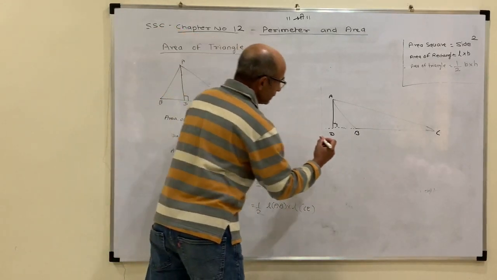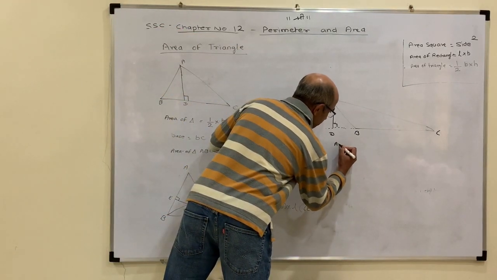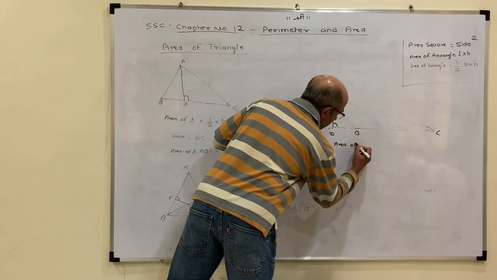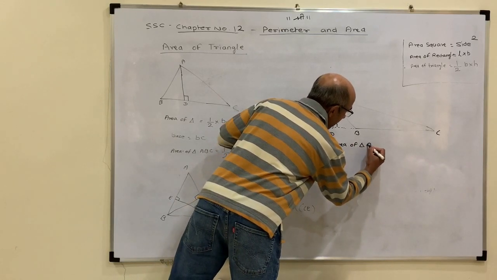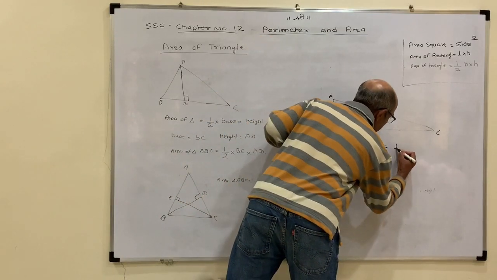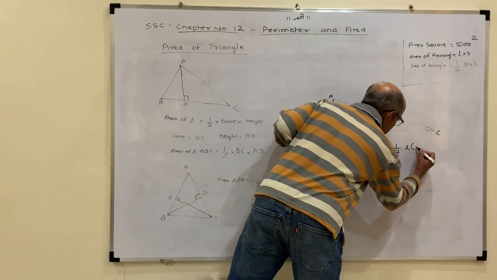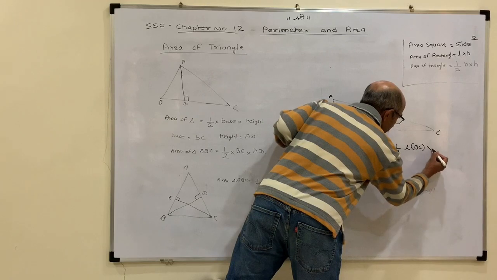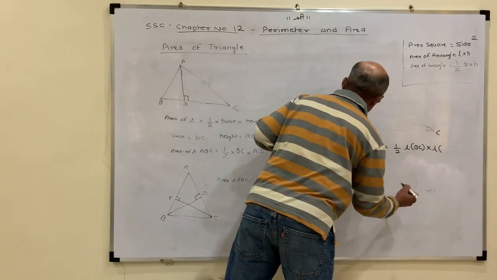So area of triangle ABC here will be half of length BC into length AD.